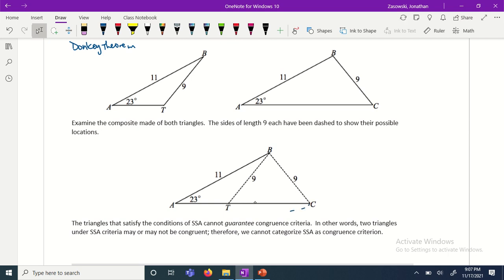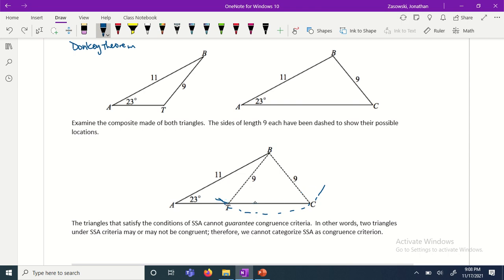It's like you're swinging this side through on a pendulum, and it's creating two intersection points here. Depending on the length of this side, when we swing it like a pendulum, we could end up hitting this just at one point. We might not hit it at all. We might hit it twice.